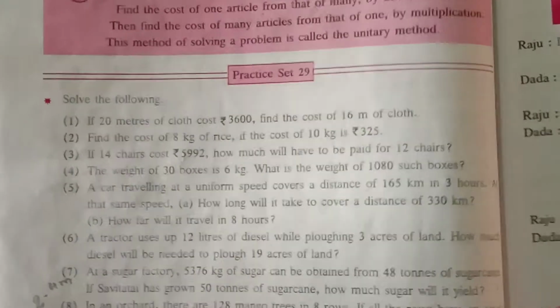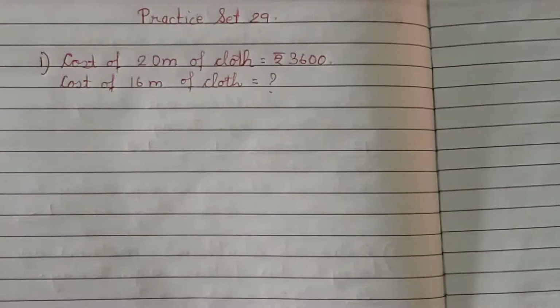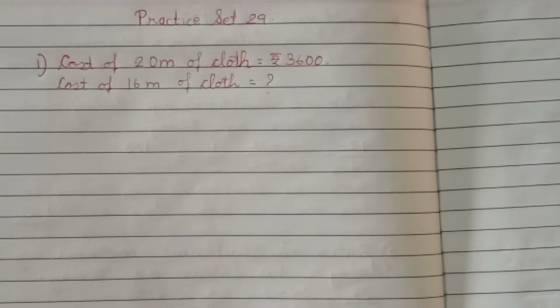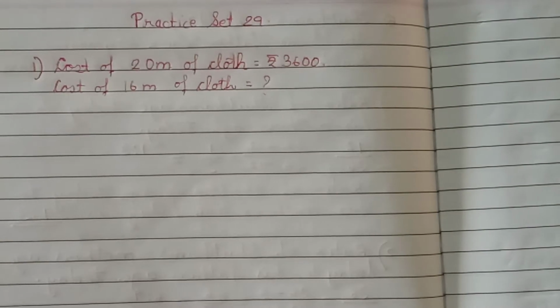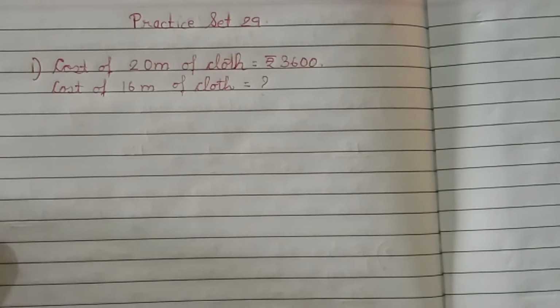Okay, so I have written the given and to find out in my book. That is, cost of 20 meters of cloth is equal to rupees 3600 and cost of 16 meters of cloth is equal to question mark, because we don't know its cost.